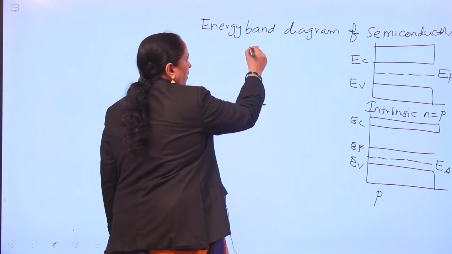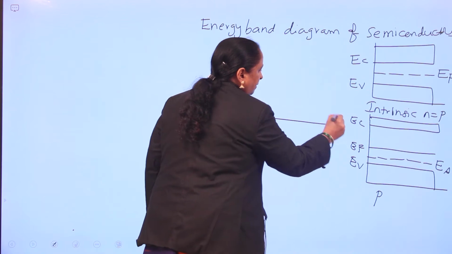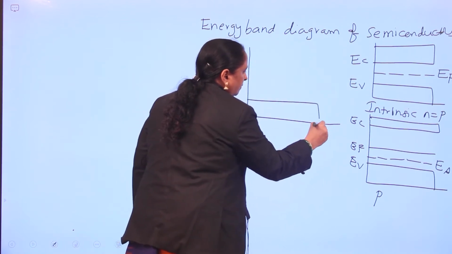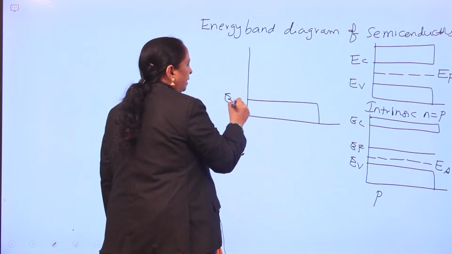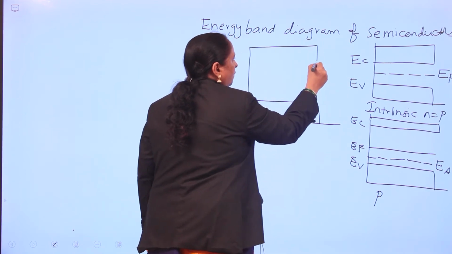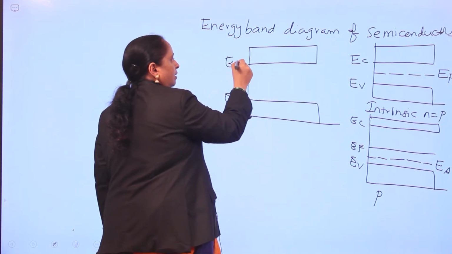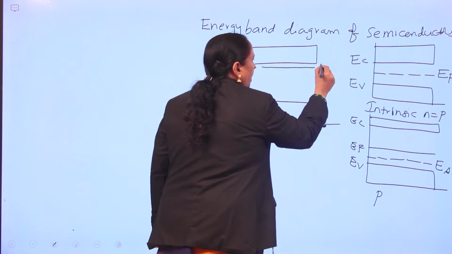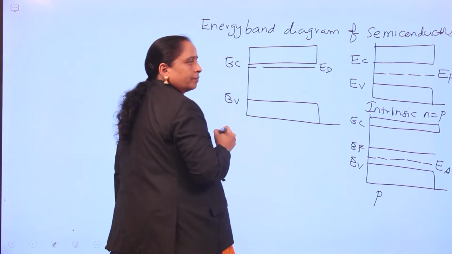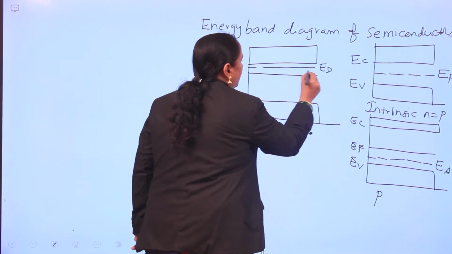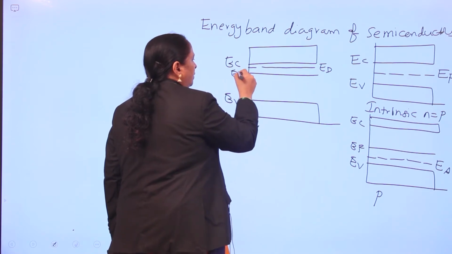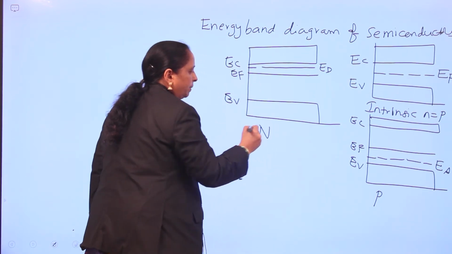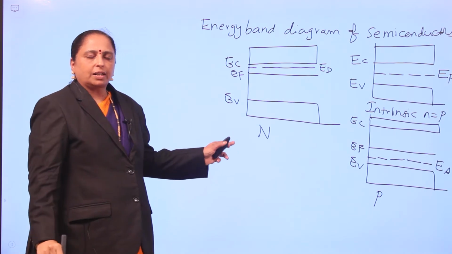If you draw the N-type semiconductor, there are more conduction electrons. So there are extra donor levels. After that, the Fermi level is here, because in an N-type semiconductor the number of electrons is more.